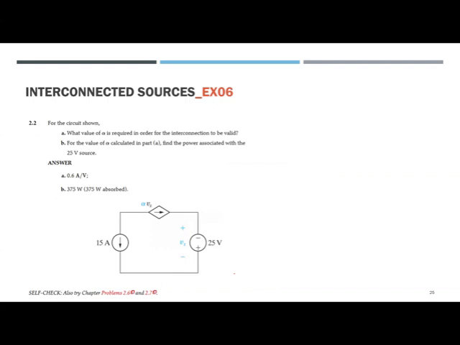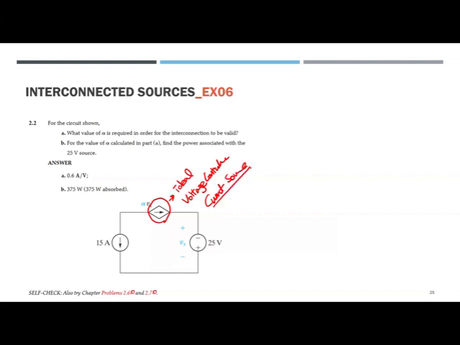All right, the last question for today. For the circuit shown, what value of alpha is required in order for the interconnection to be valid? This is an ideal voltage-controlled current source.